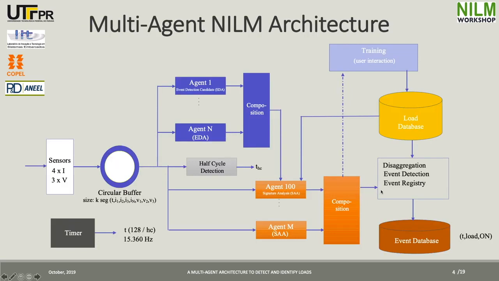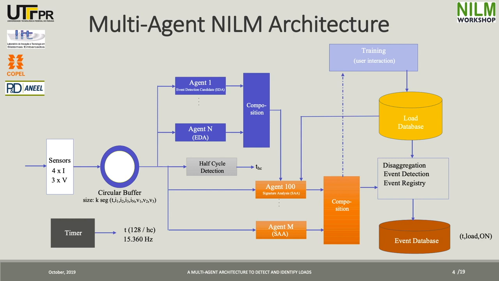At the end, what I hope to do is to have a disaggregation of the input I had, and what I want to present to the user is just an event database, which is just a list of times, loads, so the load identification, and the load event that occurred. So I would say the washer machine went on at that time and then went off at that other time.